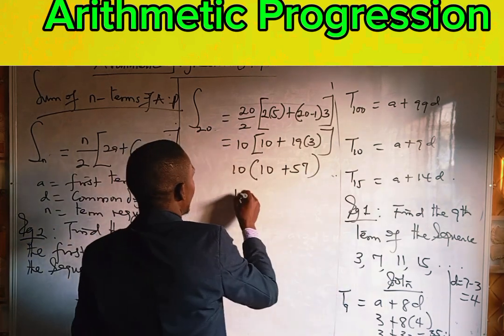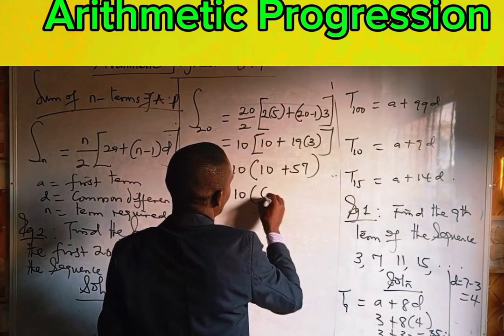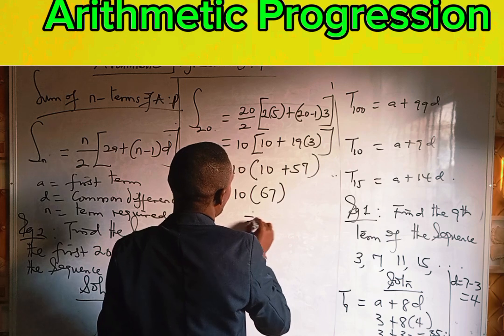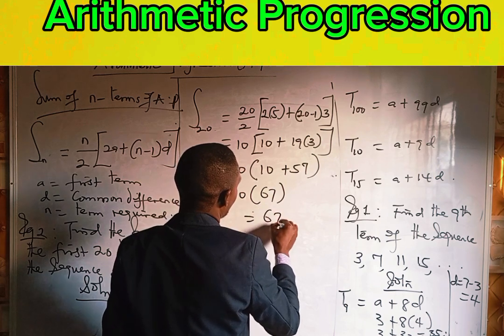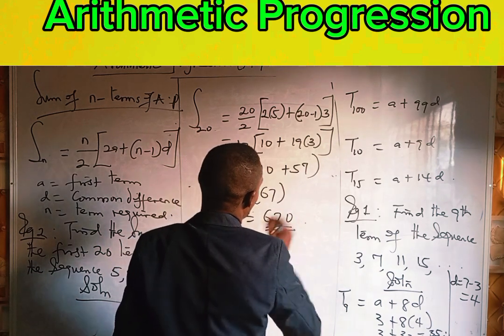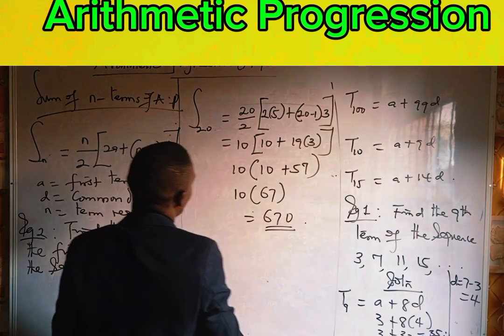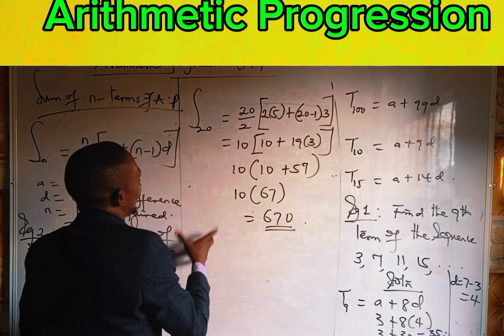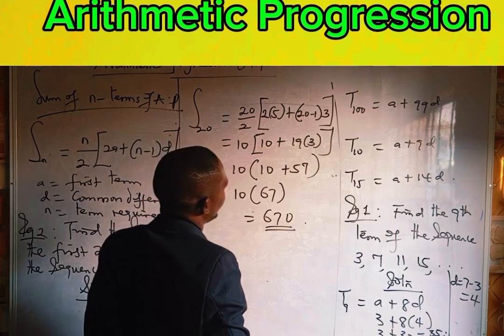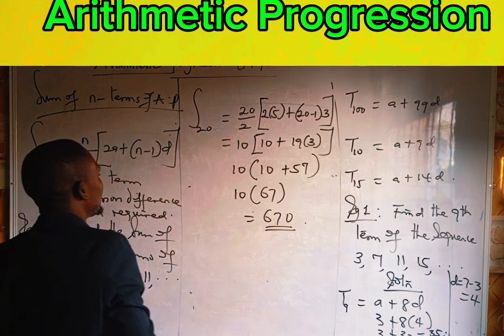So here, 10 plus 57 is 67. 10 multiplied by 67 is what? 670. Very good. So this is how to find the sum of the n terms of AP. Good.